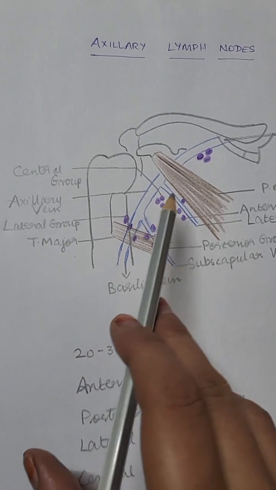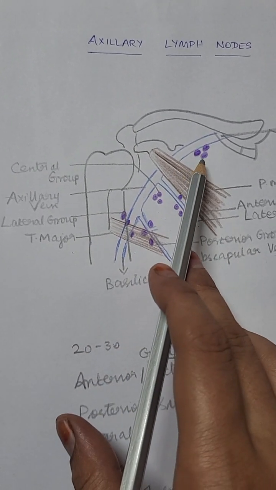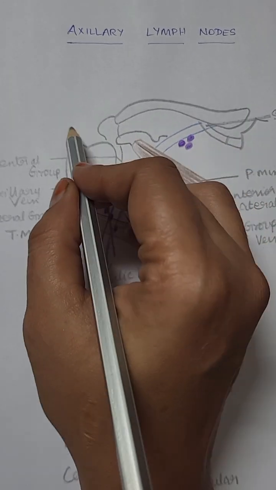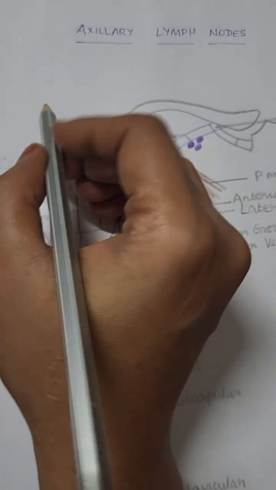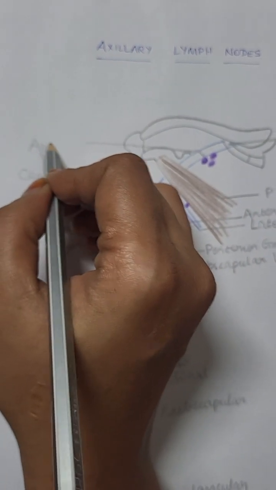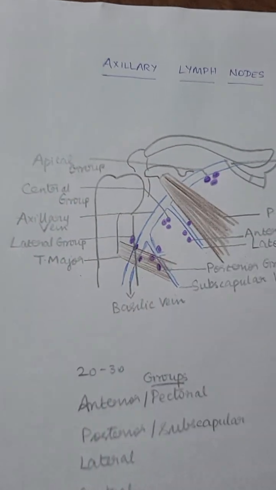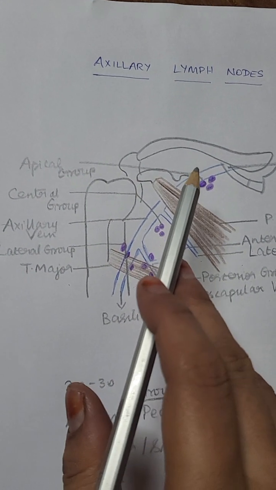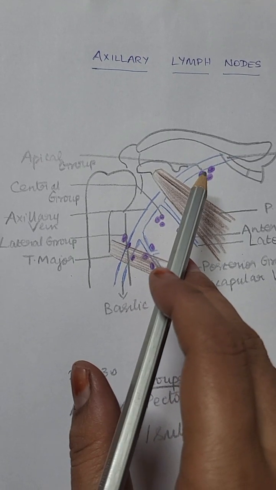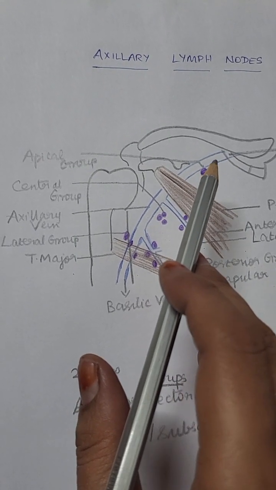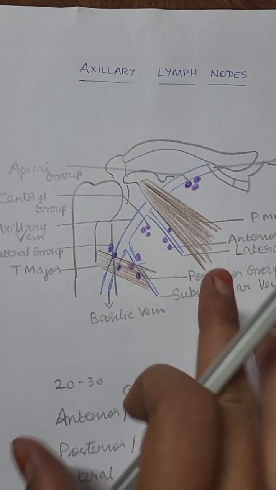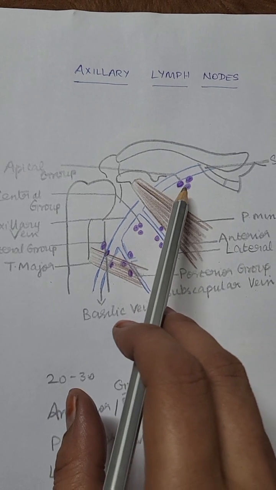And this central group drains into the apical group of lymph nodes. These are the apical group, otherwise called infraclavicular group, situated in the axilla deep to the clavipectoral fascia.